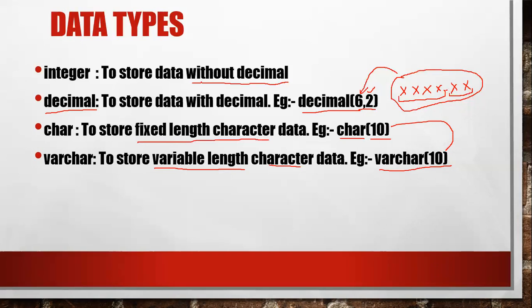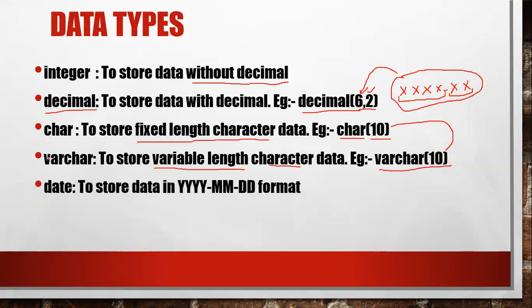So till now we have discussed integer, decimal, CHAR and VARCHAR. After that, the next data type is date. If I want to store a date of birth, how can I store it? For storing such kinds of values, I will use a data type named date, and the pattern in which I have to store the date is YYYY-MM-DD. First you write the year.